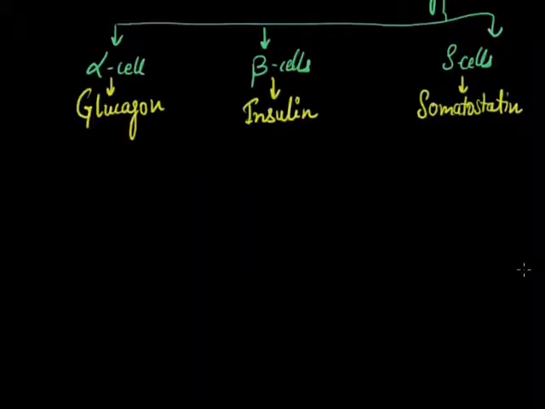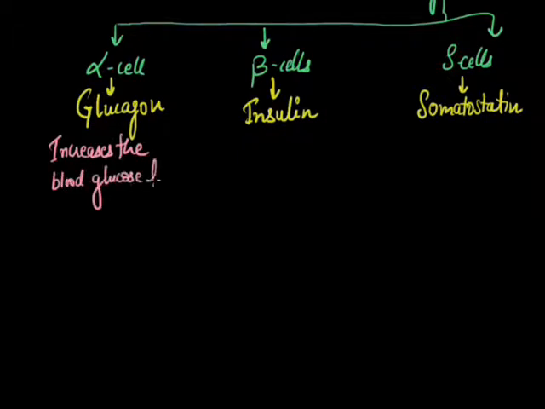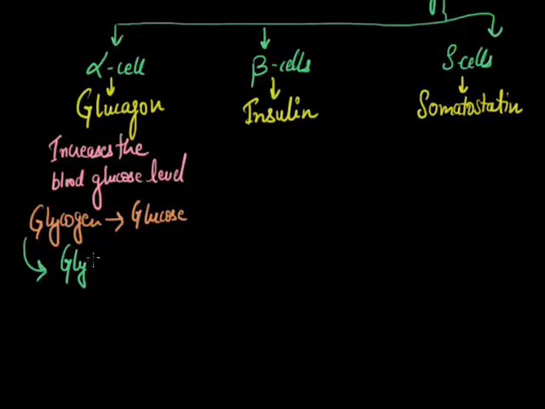Now if we study further, glucagon increases the blood glucose level. That is, it converts glycogen to glucose. Thus glucose level increases. Thus it promotes glycogenolysis, that is breakdown of glycogen.